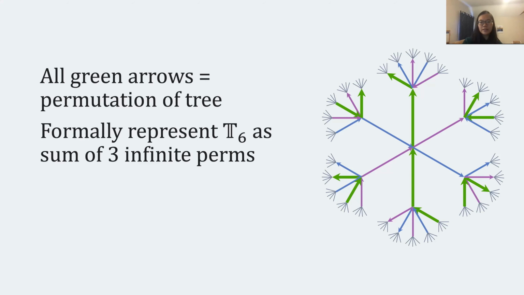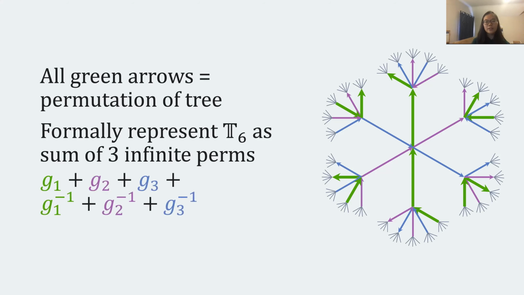So you can think of that as 3 different permutations, the green, blue, and purple permutations. Each of these permutations defines some edges, so the 6-regular tree is just going to be the sum of these 3 permutations. I'm going to use G1, G2, and G3 to represent these permutations. So with the 6-regular tree, this is just going to be G1 plus G2 plus G3. Eventually we want to think about the 6-regular tree as being an undirected graph.